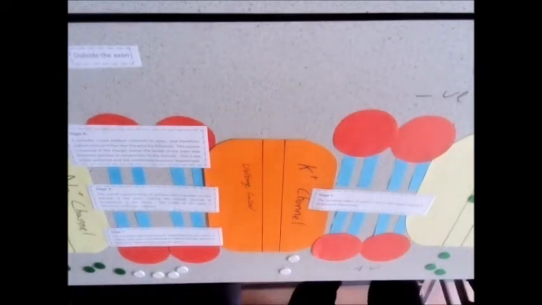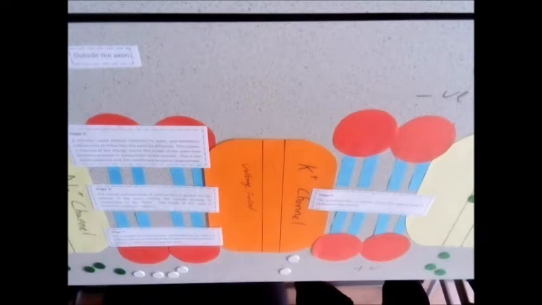We don't want this depolarisation to stay there forever, because that'd be ridiculous. Then all your nerve cells would be on all the time, and you'd die.